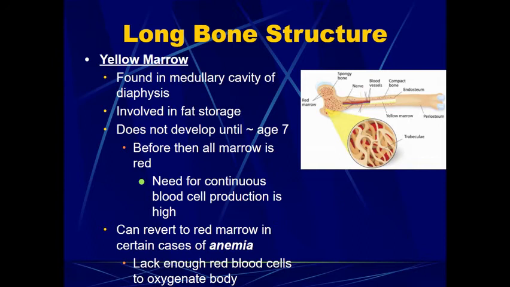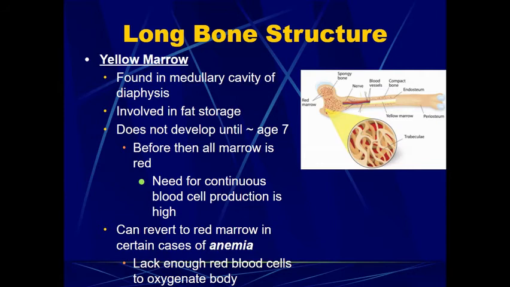So we talked about how red marrow is found in the spaces of the spongy bone. Yellow marrow is found in the medullary cavity of the diaphysis, and yellow marrow is involved in fat storage. However, an individual doesn't really develop yellow marrow until about age 7.